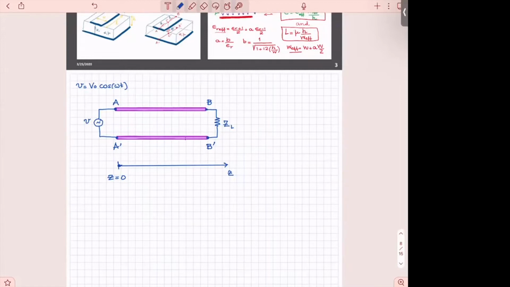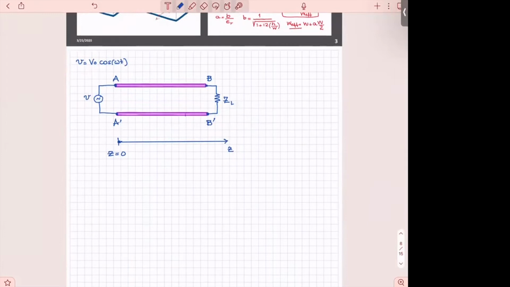However, what that means is the following. It means that I can separate this line into many small sections. So let's assume that I separate the line into small sections, CC prime, DD prime, and so on, where each of these sections has an infinitesimally small length, which I call dz.